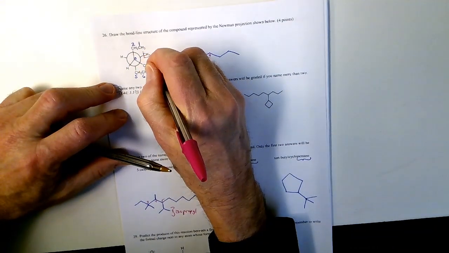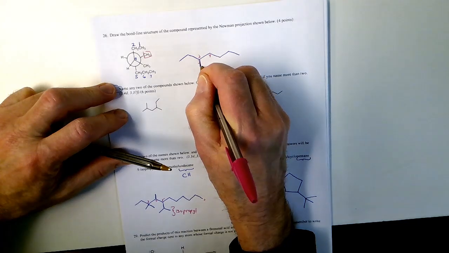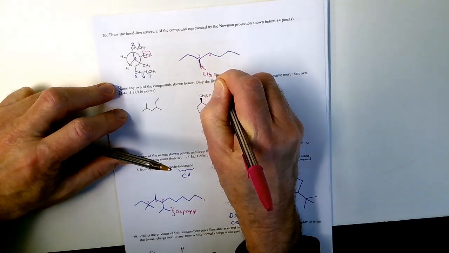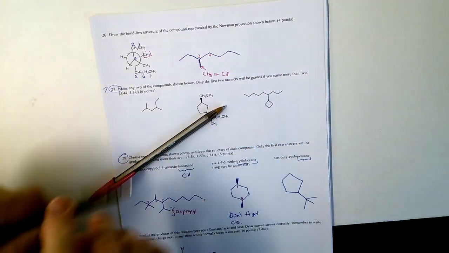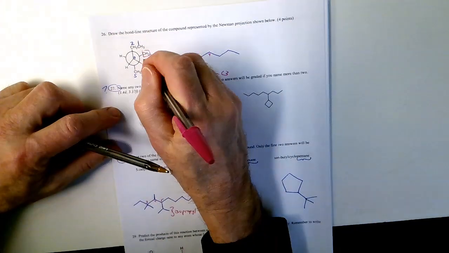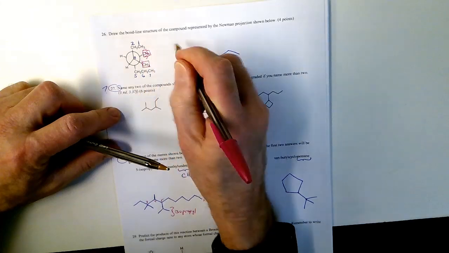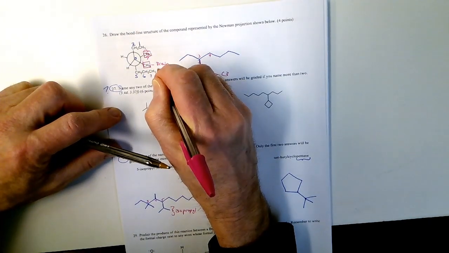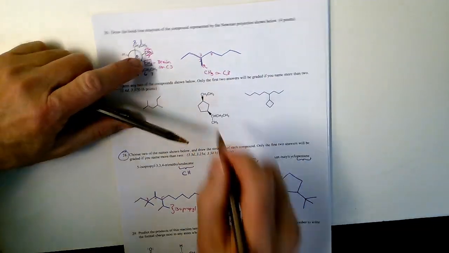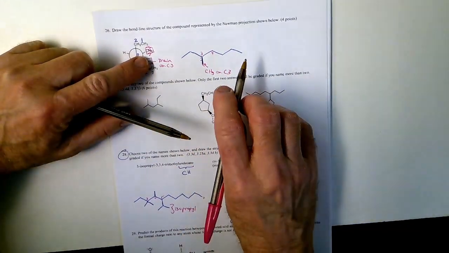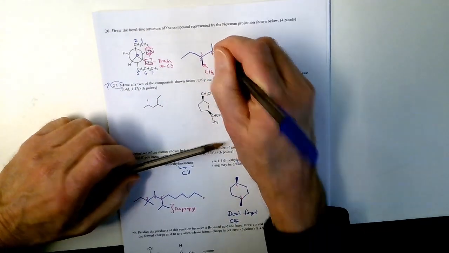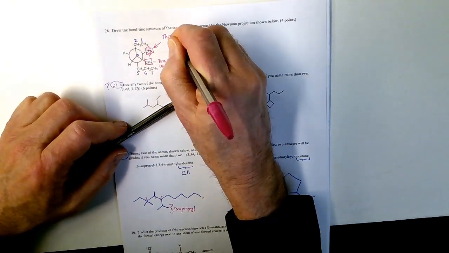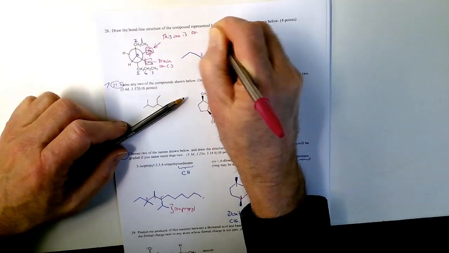And I think what I want to do is say this one right here, that's the methyl group on C3. I'm sorry, this one is the methyl group on C3. So drawn on C3. Now it turns out that C4 also has a methyl group on it. So this one is on C4.